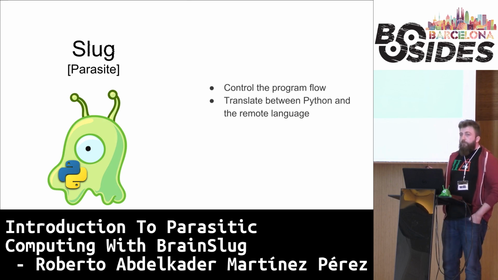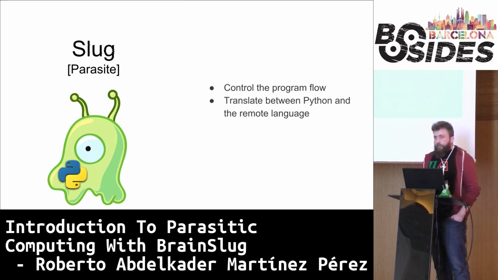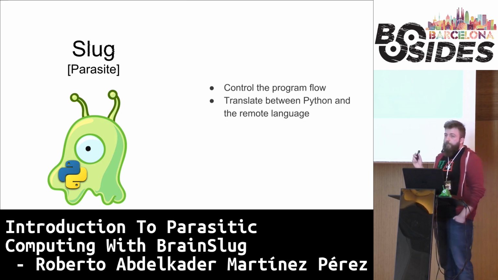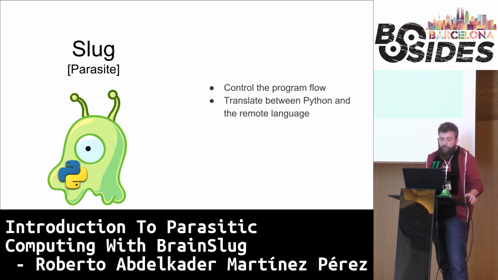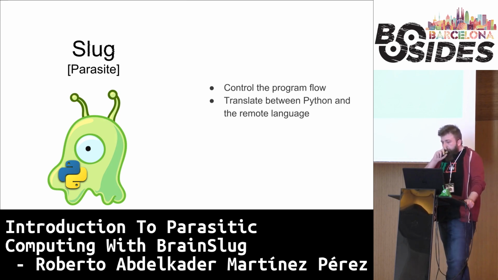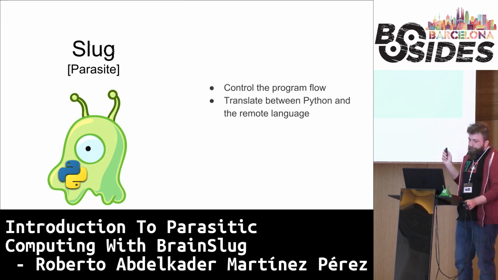To understand BrainSlug, we have to understand the terminology that we use. The first thing I would like to show you is the slug. The slug is the name that we give to the parasite. The duty of the slug is to control the program flow and translate between the Python interpreter that we are running the program on and the remote dynamic language.